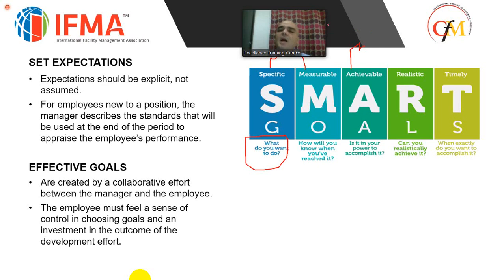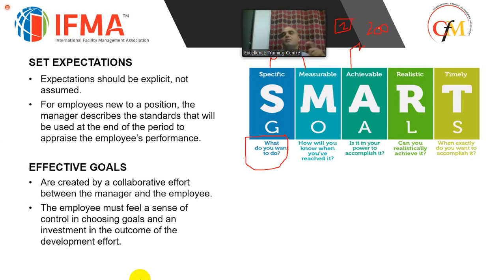For example, I cannot say, for example, annual sales last year were 2 million riyal for the whole company, and I have one salesman, and I tell him, okay, next year I need sales of 200 million riyal. This is not a realistic goal. If you set a goal which is beyond the capacity of the employee, they will know that they will not achieve it, and that's why they will accept it and not care.